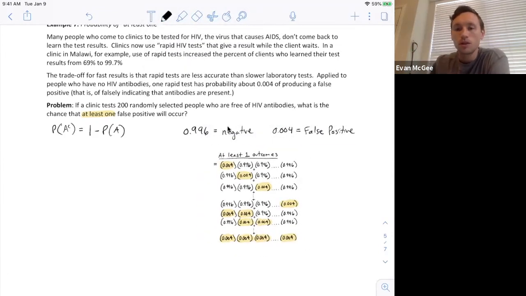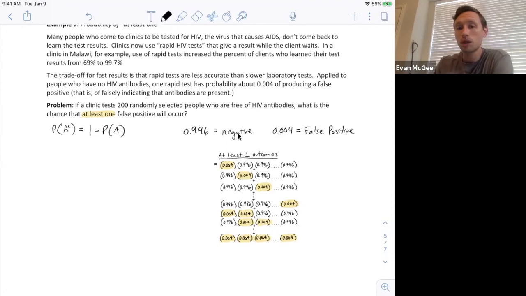Okay, so thinking about these 200 people, the probability of a false positive is 0.004. That means the complement is going to be the probability of them getting a negative result, which is the test working correctly.